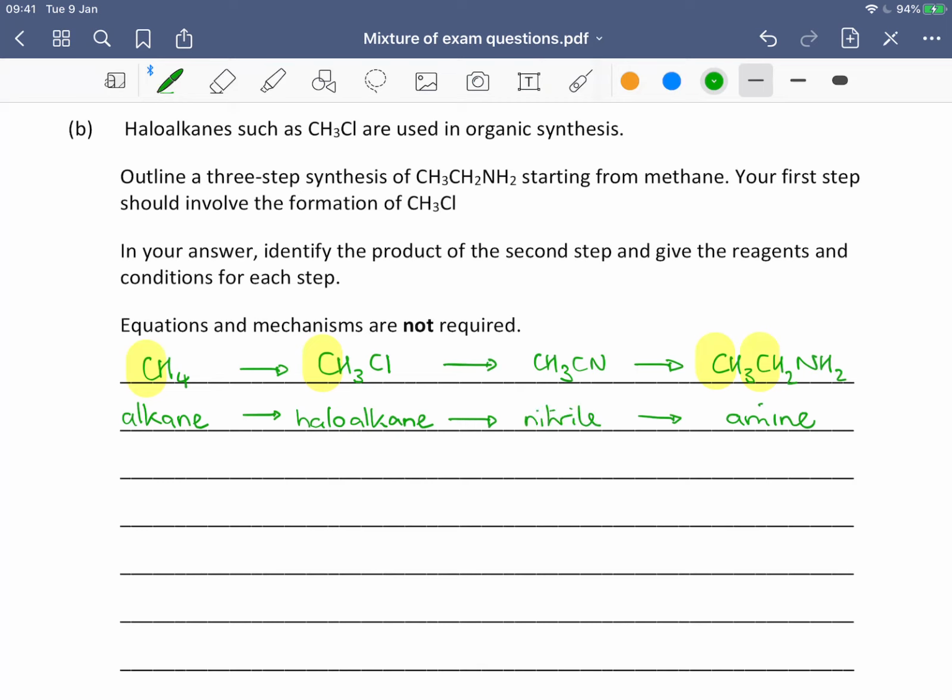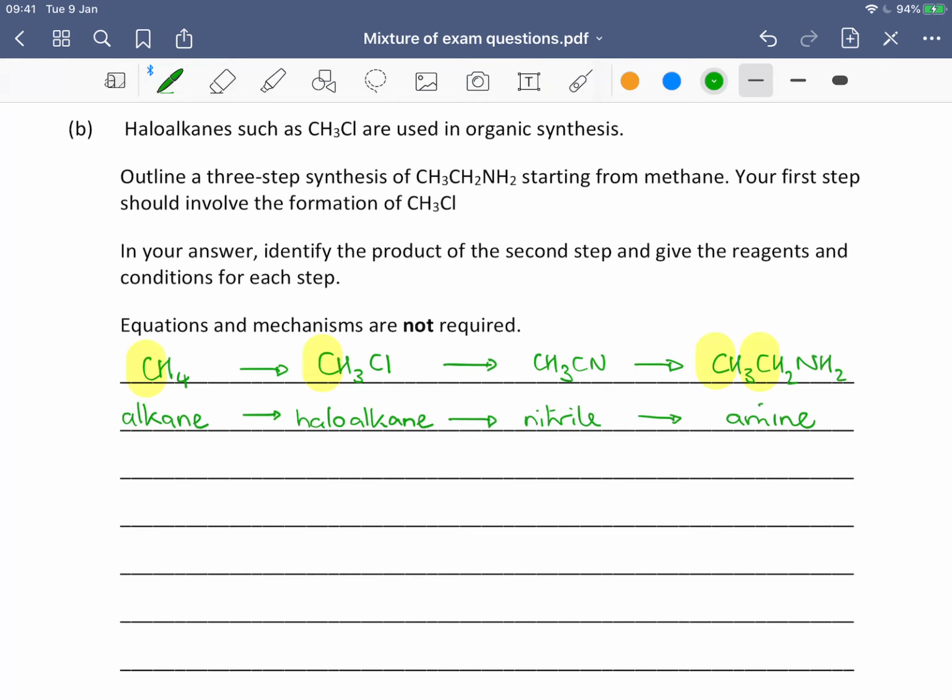So you really watch out if you end with an amine, because amines quite often are at the end or near the end of a synthesis reaction. Look and try and see if there has been a change in the number of carbons, and if there has been a change in the number of carbons and it's been near where the amine is in terms of the series of steps, then you're almost certainly looking at a nitrile.